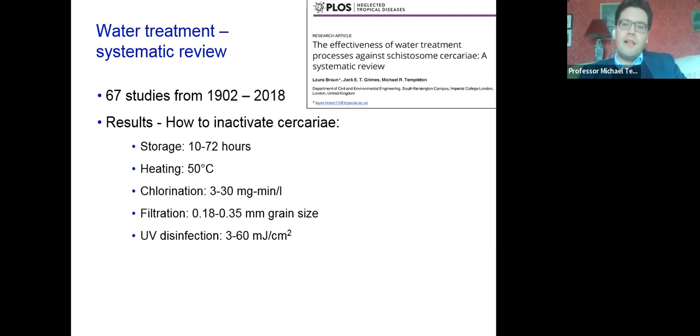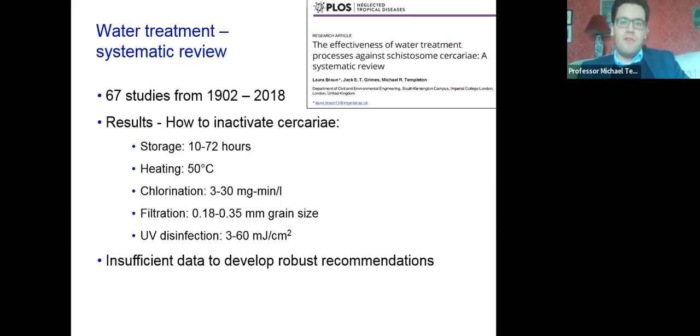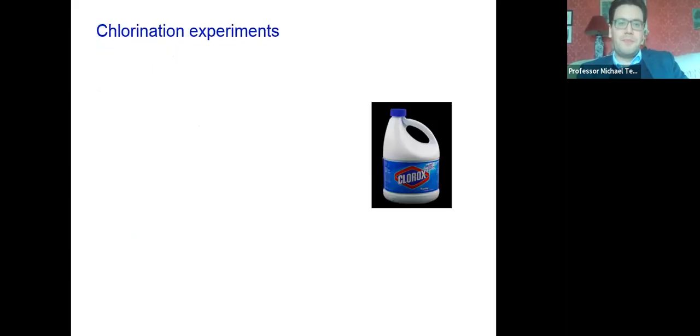But there was quite a lot of difference in the way that some of these studies were conducted over the past 100+ years. And so one of the conclusions from this review was that there's too much inconsistency in the experimental methods and insufficient data to be able to actually say to someone in Tanzania or Ethiopia, here's the chlorine dose that you need to be assured that your water is safe, for example.